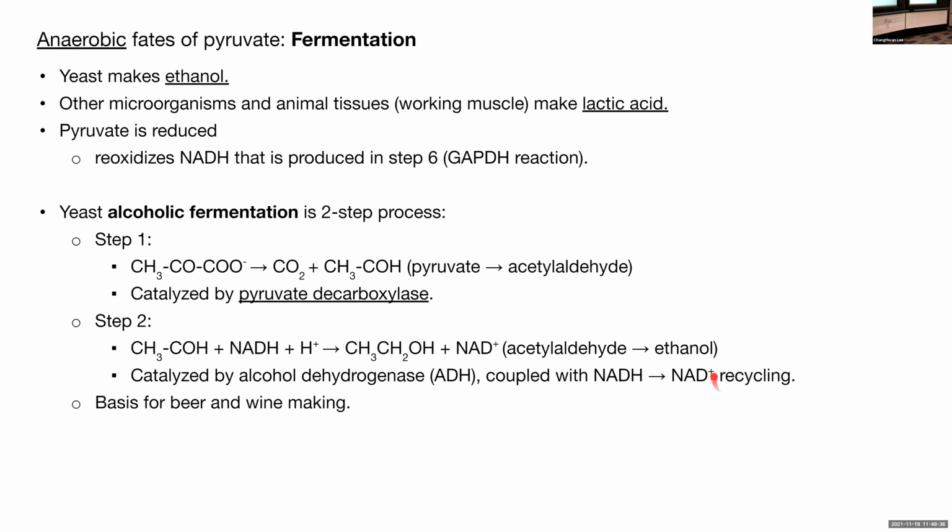Again, this NAD plus is going to be recycled in glycolysis at step 6, as well as some other reactions that require oxidation, because NAD plus can be reduced, meaning that it can work as an oxidizing agent, right? So don't get confused with these terms. One thing that can be reduced can work as an oxidizing reagent. And this process is the basis for beer and wine making, as you know.